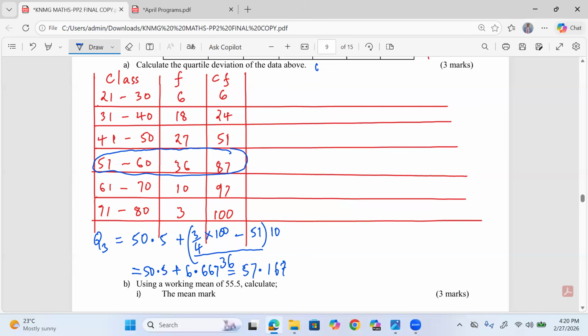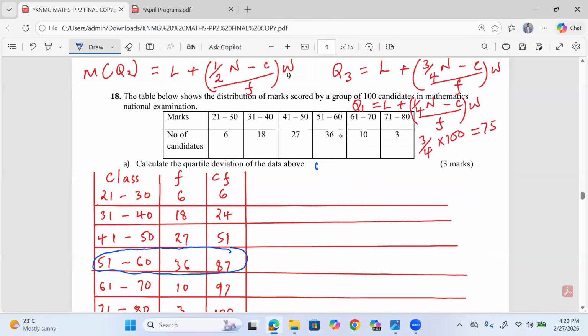So we check Q1. For us to get Q1, we take a quarter of the total data, which gives us 25. So we check according to cumulative frequencies: where is the 25th learner accommodated?